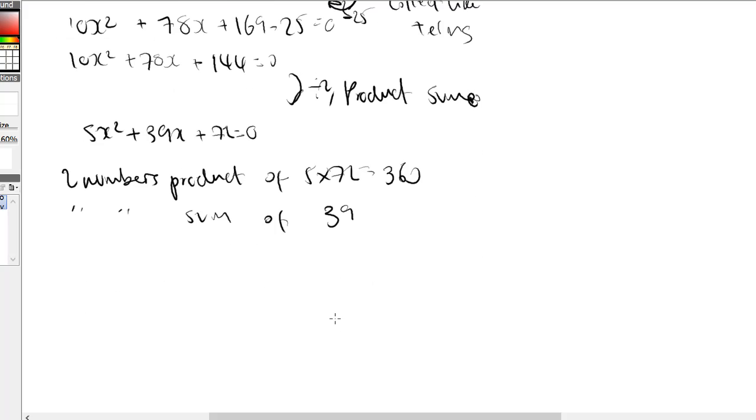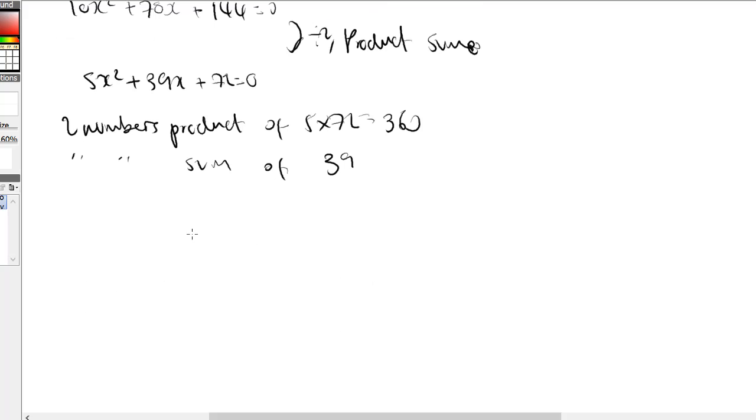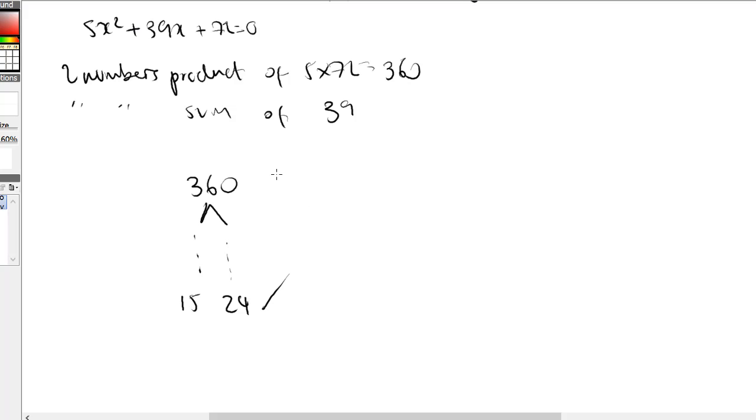So I go through all of the factors of 360, and there's going to be a few, but I know if you work through it that you're going to get 15 and 24, which abide by this criteria. So I put 5x squared, referring back to this here, 5x squared plus 15x plus 24x plus 72 equals 0.